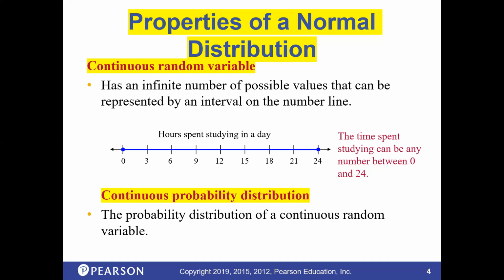How do we figure out all the different possibilities and then distribute them across?